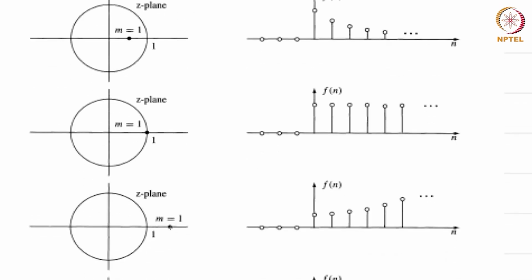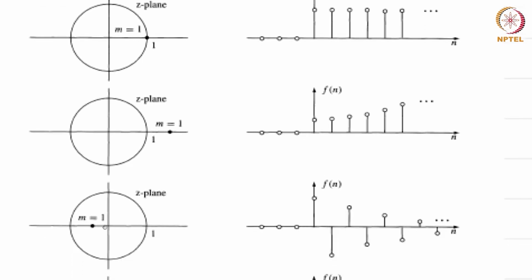Now, if the pole moves outside the unit circle, it is still of the form a to the n u of n, only that it is a growing exponential because a is greater than 1. Say for example, if a were 2, this will be 2 to the n u of n, whereas this could be half to the n u of n.